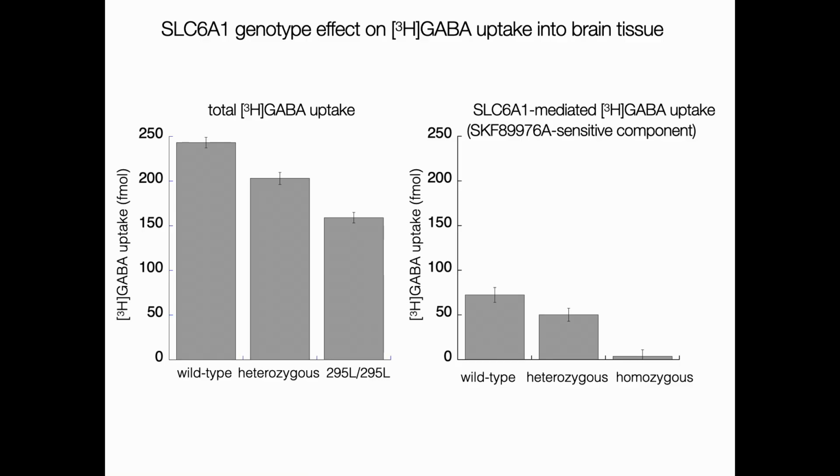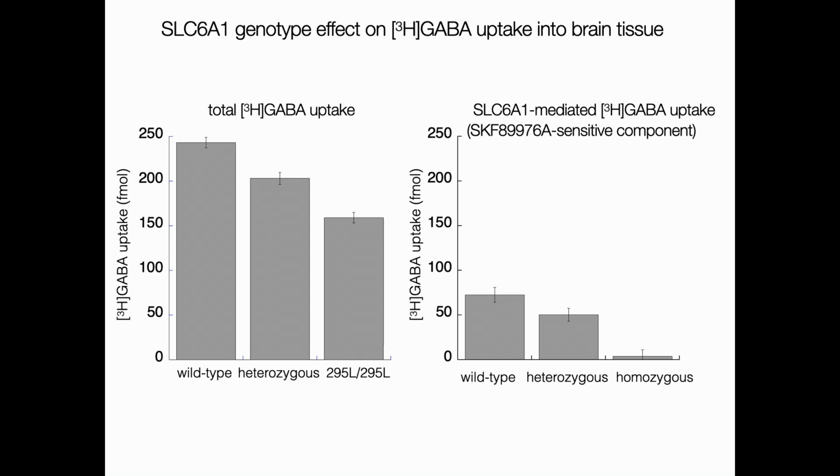If we probe into that a little more deeply, what's plotted here on the right is the amount of GABA uptake that's blocked by drugs that we know selectively block SLC6A1. You can see that in the wild type brain, there's a bigger amount of GABA uptake that's blocked by this SLC6A1 selective blocker.